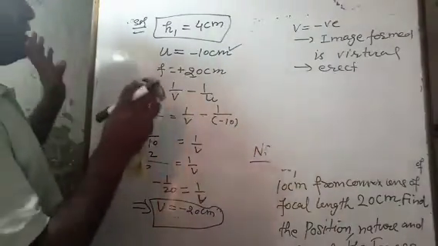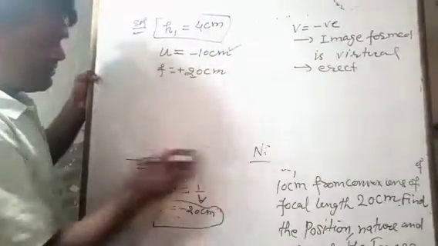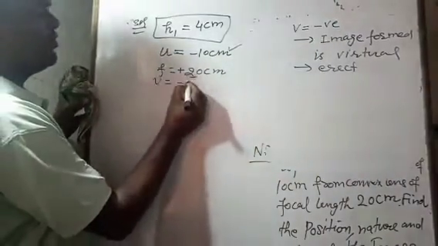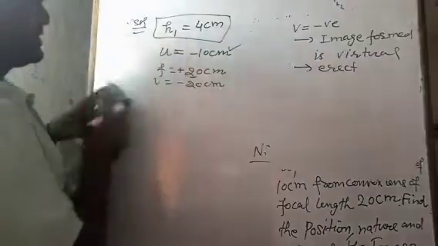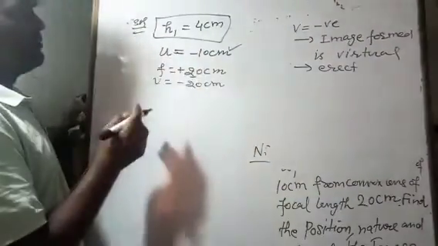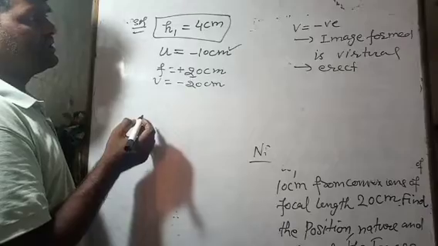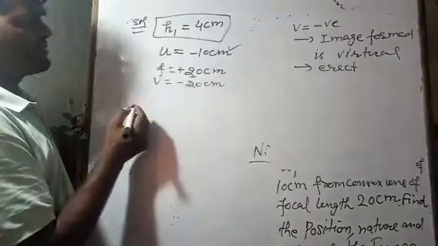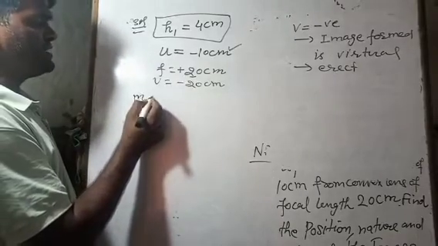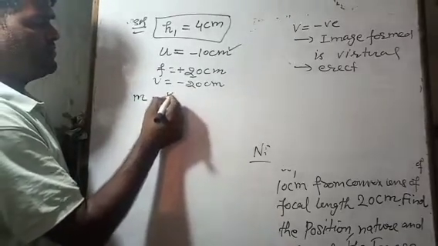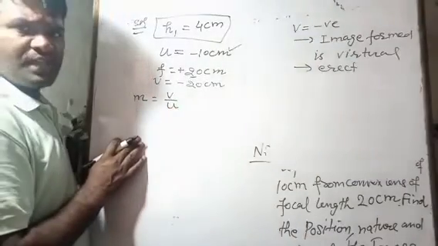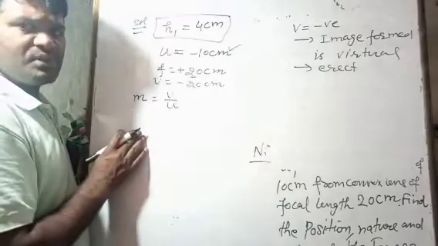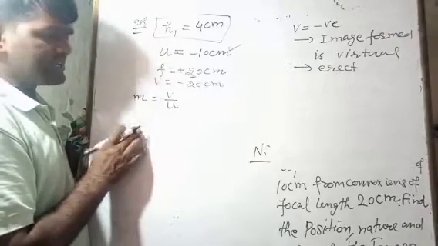Further, we have calculated V is equal to -20 centimeter. So now let us find out the size of the image. Use that formula, since we know magnification is given by V by U. In case of lenses, magnification is given as V by U, where V is the distance of the image and U is the distance of the object.